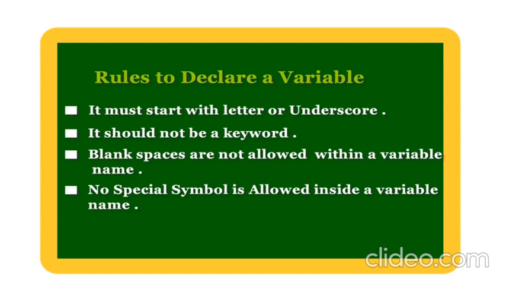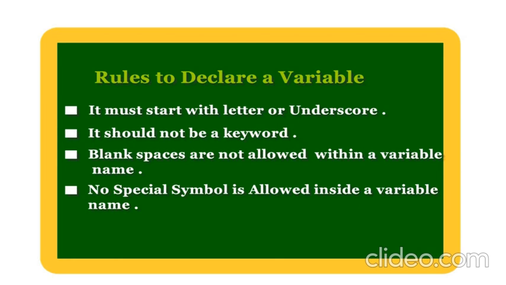There are certain rules to declare a variable. It must start with a letter or underscore. As we declared the variable a in the example, but you cannot declare a variable as 1 or 2. You have to start the declaration with a letter or an underscore, and after that continue typing the word. It should not be a keyword.